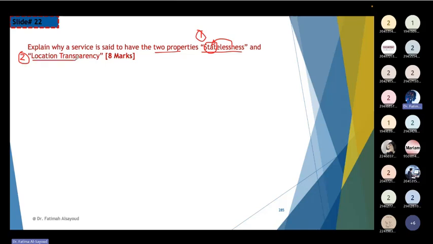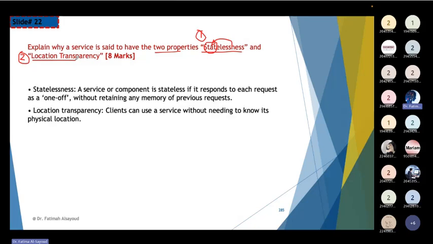You don't know where Google is providing this service. You don't know if this service is provided in the US, UK, wherever it is, and how they implemented it, how they sat down to design it, and so on. So you don't know the details of the implementation, the physical location, and so on and so forth.